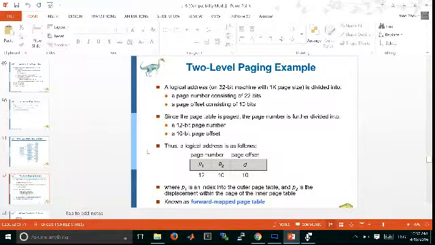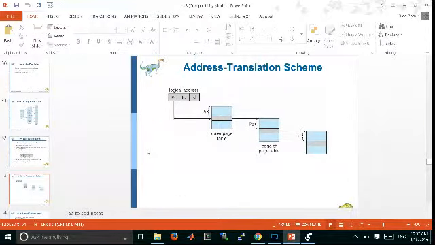Now, what is the picture that goes along with that? We only show you part of the picture. This is the outer page table that points to the inner page table, and P1 and P2 are those offsets.